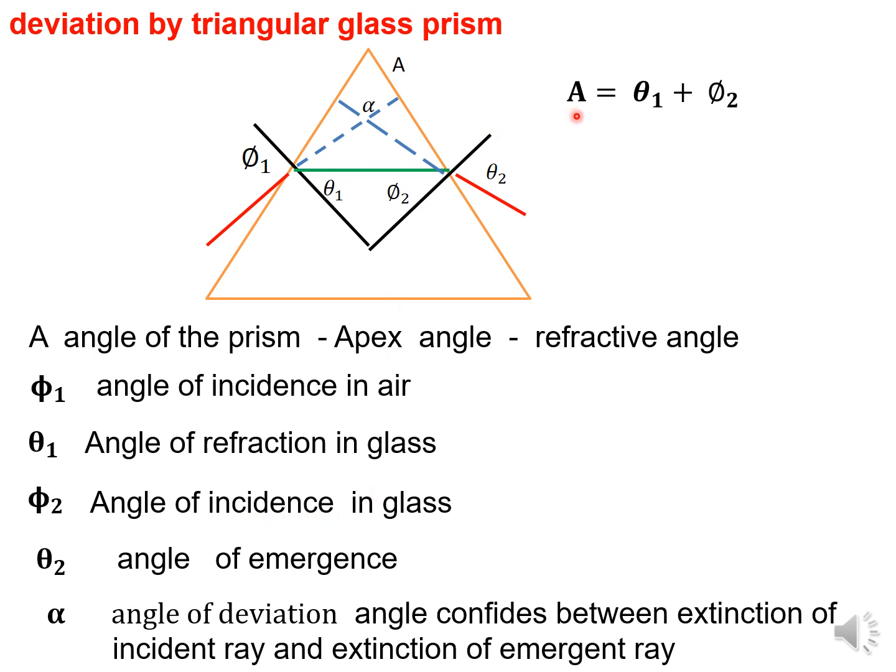Angle of deviation alpha equals phi 1, which is the angle of incidence in air, plus theta 2, which is the angle of emergence, minus A, which is the apex angle.